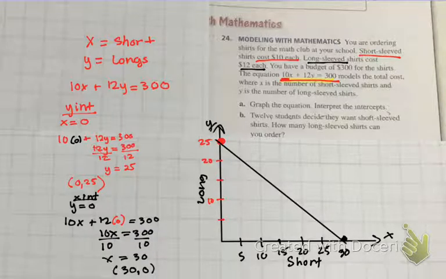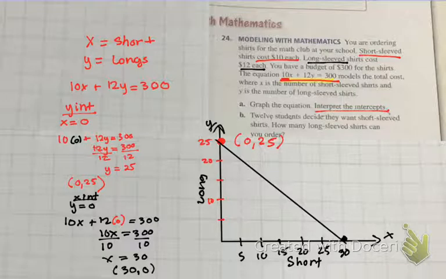What do each of those represent? This 0, 25, because they said interpret the intercepts. So what does that mean? 0 what? Long sleeve and short sleeve. Zero short sleeves. Okay, I hear multiple. Raise a hand. Go, Carter. Zero short sleeves.